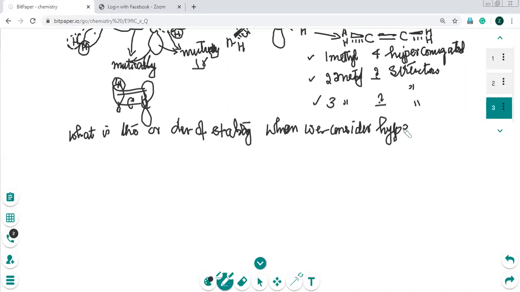Please write down whatever I am drawing on the board. Is it the same as that of the inductive effect or is it in the reverse fashion? So find out that. We will discuss the remaining part tomorrow. Okay, thank you.